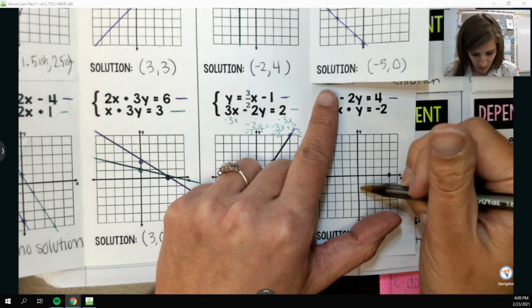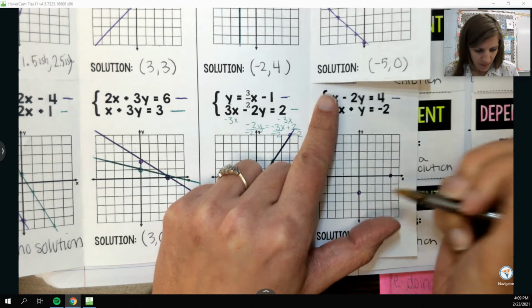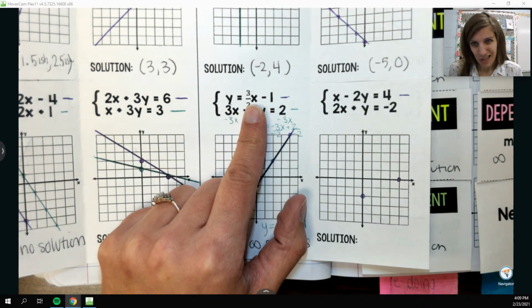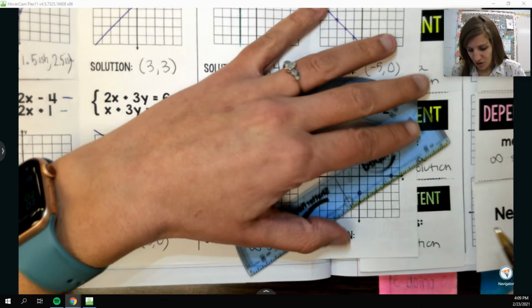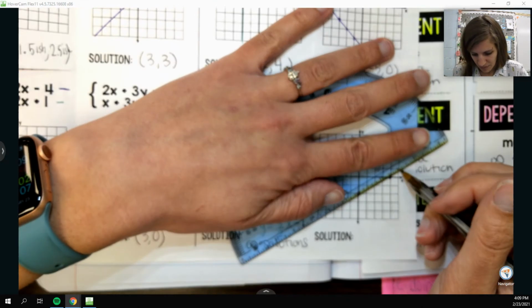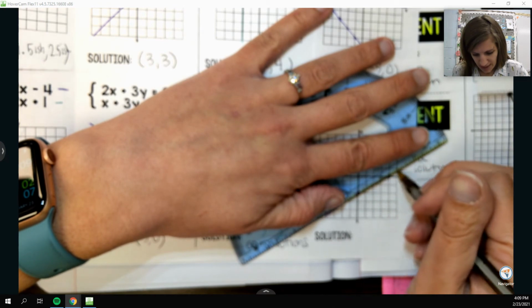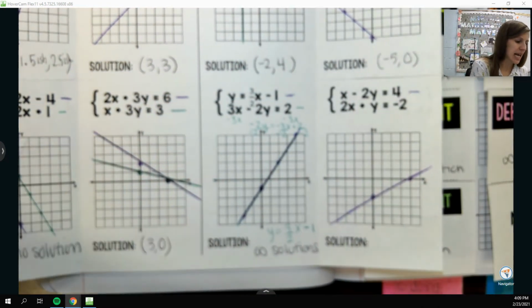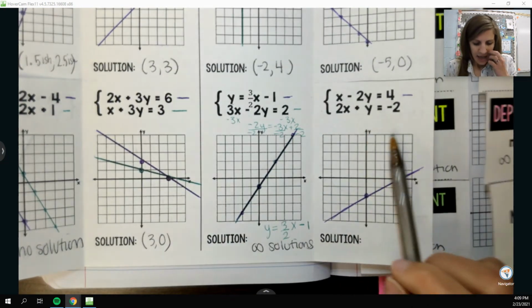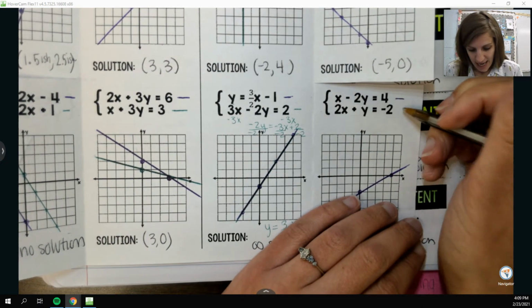It's negative 2, so that's not so bad. But over here, when I was going to divide by 3, 2 divided by 3 isn't great. So that's why I changed the form. Now you can always change the form if you want. I just try to save myself some time and keep it in standard form if I can.